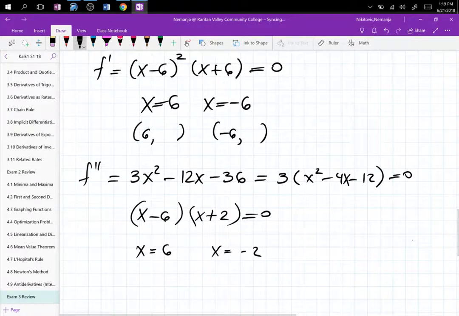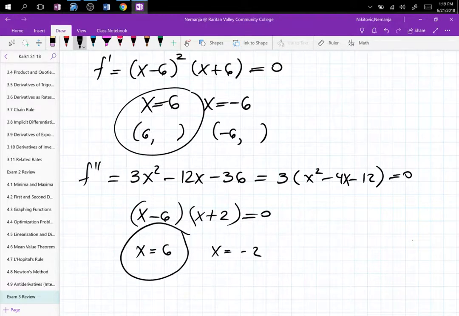Guys, you see that we actually ran into this issue over here, that the critical point is 6 and then the inflection point is 6. Well, guess what? Inflection point is stronger. So if you get the same number for critical and inflection, it's inflection, okay? So because of this, we are not going to have this up there.